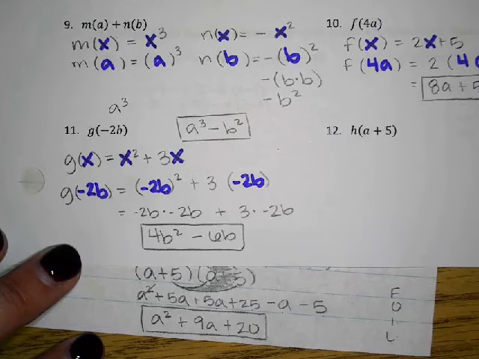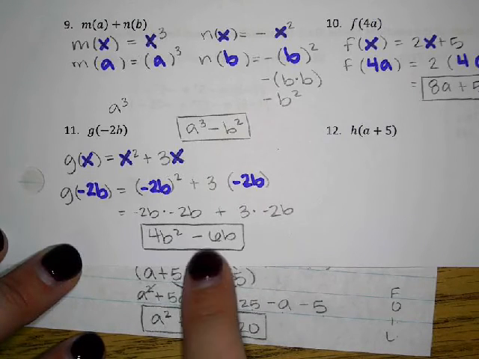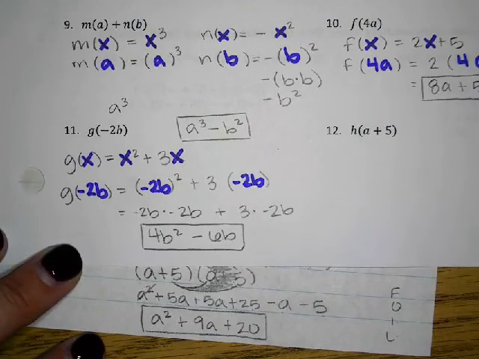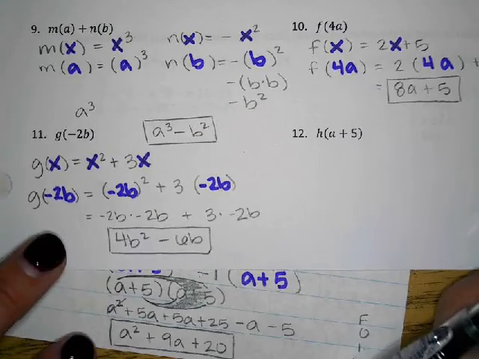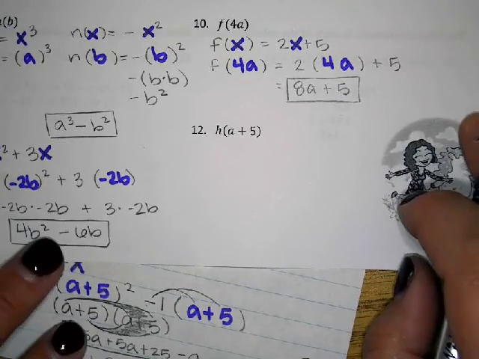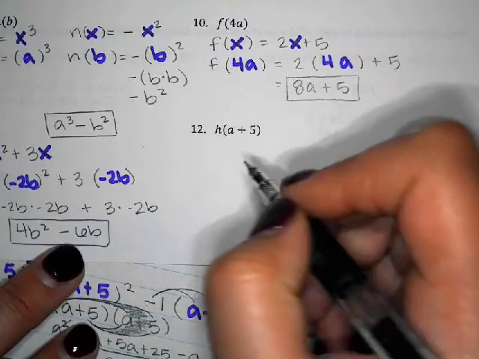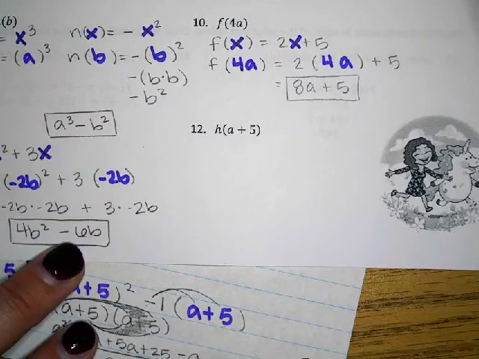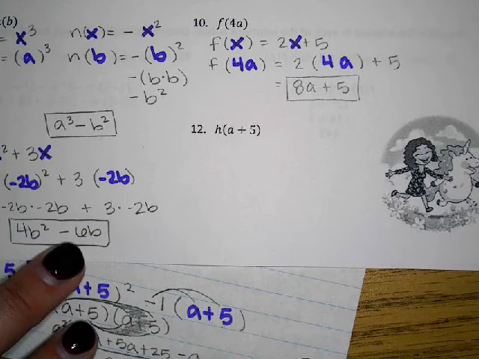Were you guys able to get this answer? Yeah? Okay. Let's do this last one together, and then I'll let you guys work on your own. All right, so we're going to write down the equation for h of x. We're going to use our colors on the x.